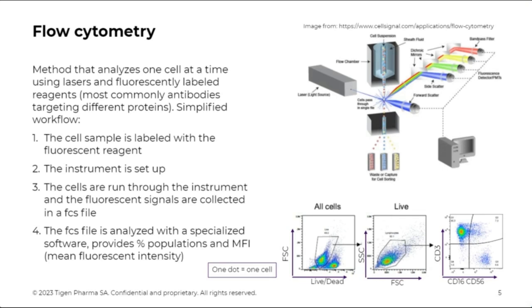This FCS file then needs to be analyzed in specialized software. Once you do that, it provides the percentage of the population and the mean fluorescent intensity.